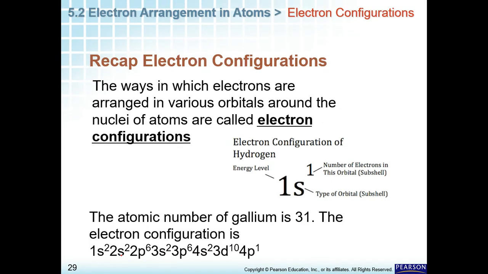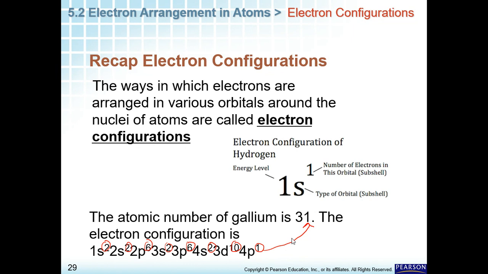The electron configuration for gallium is 1s2, 2s2, 2p6, 3s2, 3p6, 4s2, 3d10, and 4p1. One thing to review is that these superscripts, 2, 2, 6, 2, 6, 2, 10, and 1, all add up to 31.